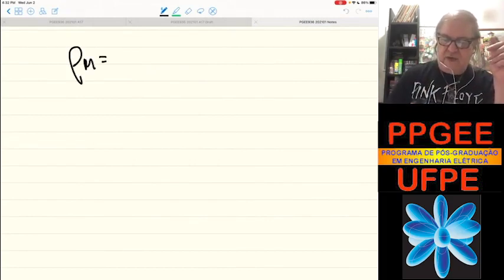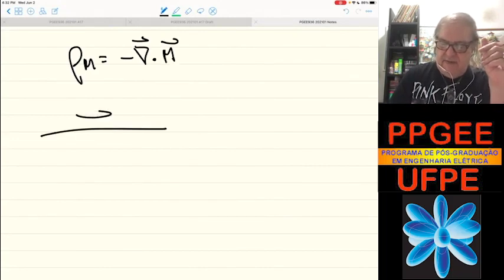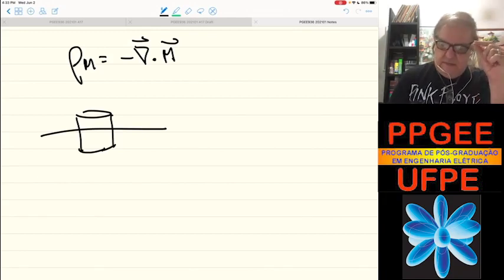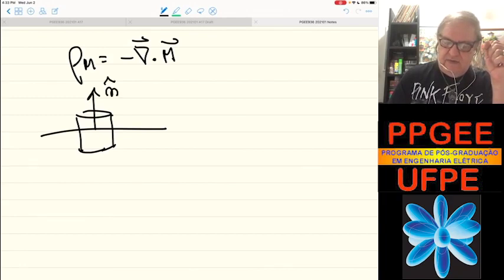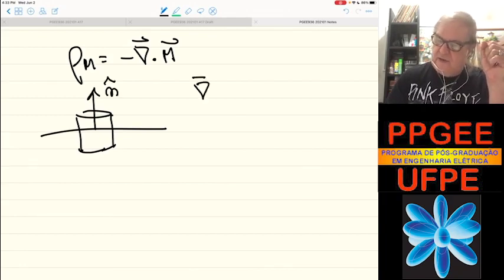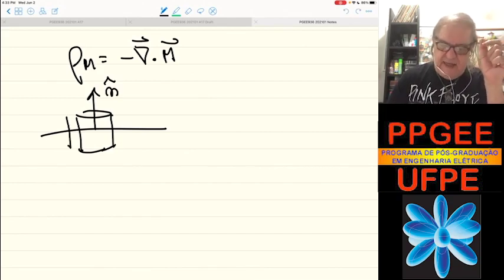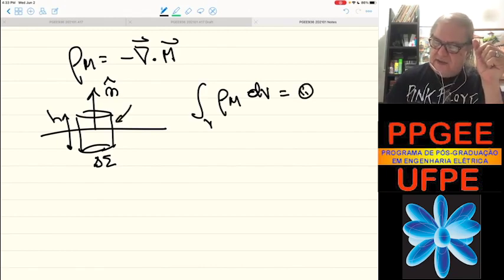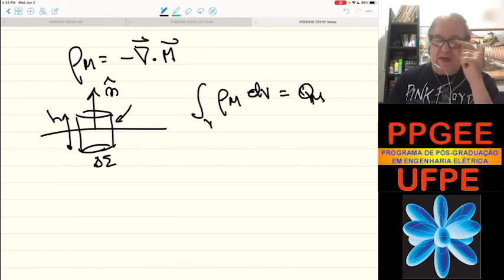Rho m equals minus divergent of M. If I go to the boundary, make a volume integral of rho m, going from side 1 to side 2, for a cylinder of height h and area delta sigma, the volume integral of rho m dV equals the total magnetic charge enclosed, the fictitious charge we're talking about.